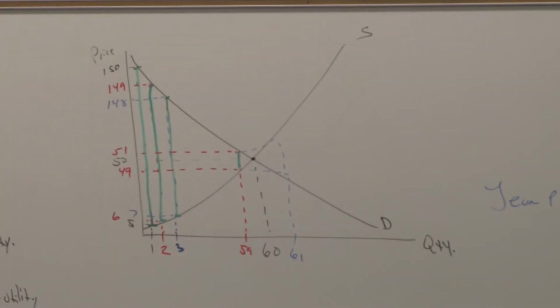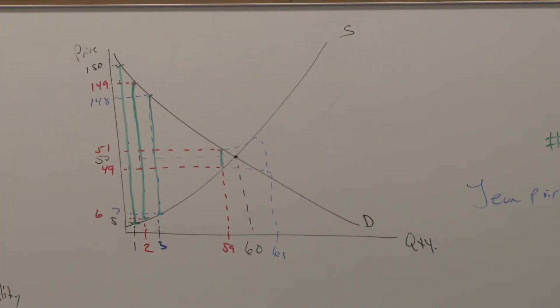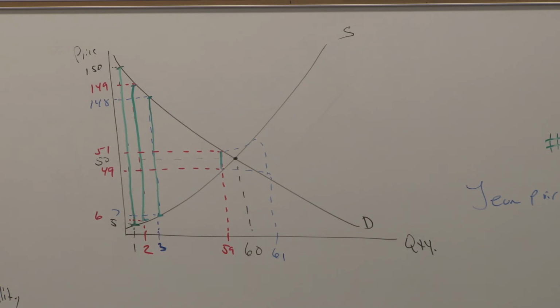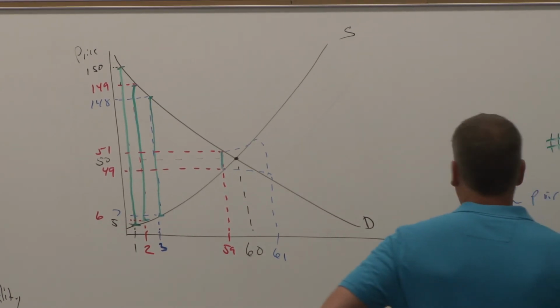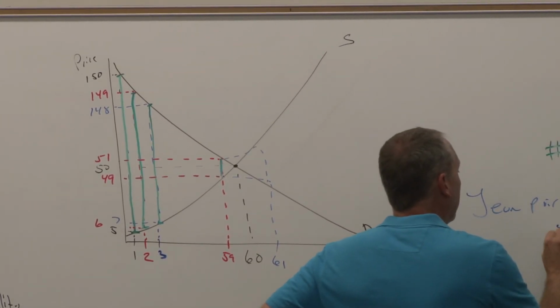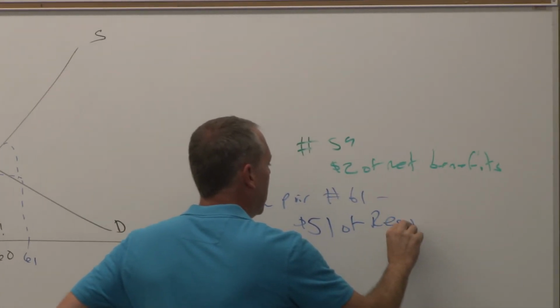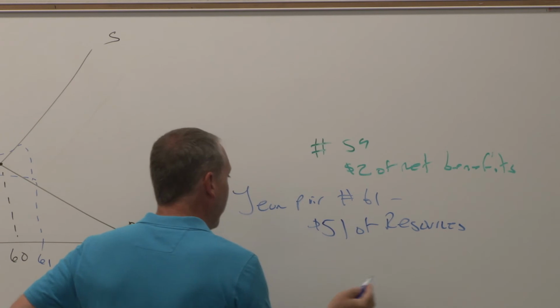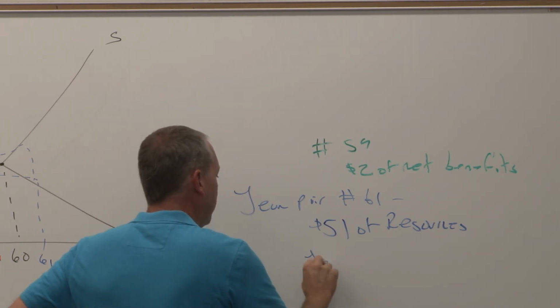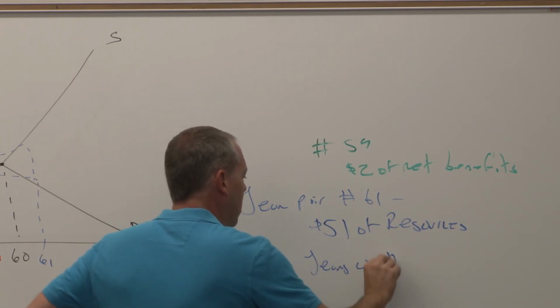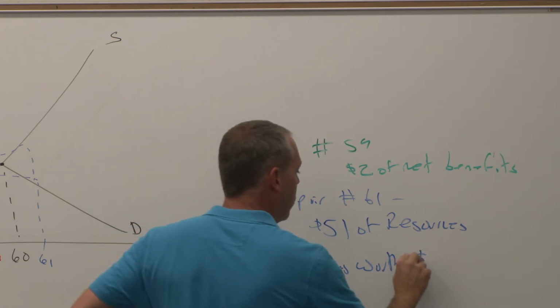It costs $51 to make. And when we're done rearranging those $51 worth of resources, we have something that's worth $49, right? So here with gene pair number 61, we're taking $51 worth of resources, and we're going to rearrange them into a pair of genes that's worth $49.